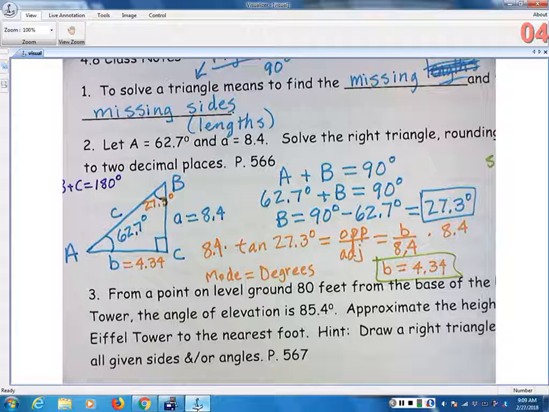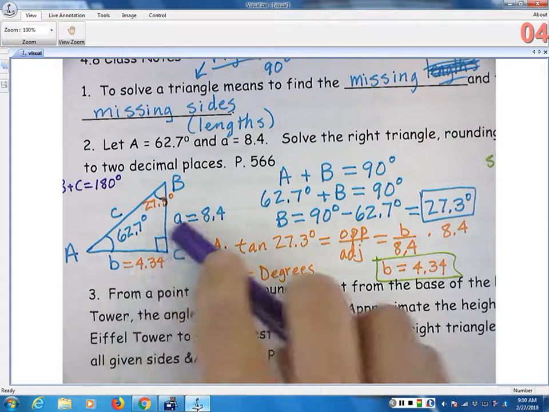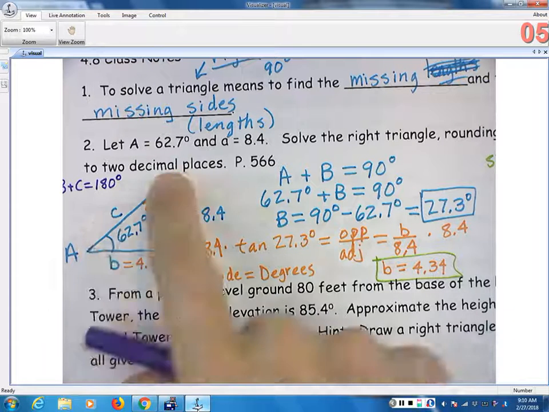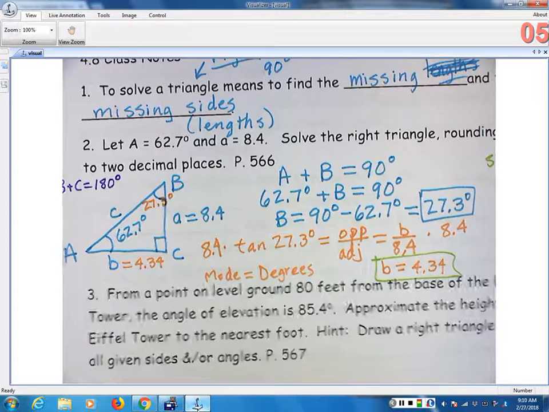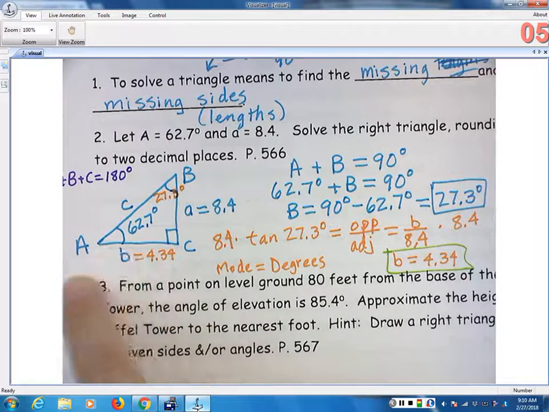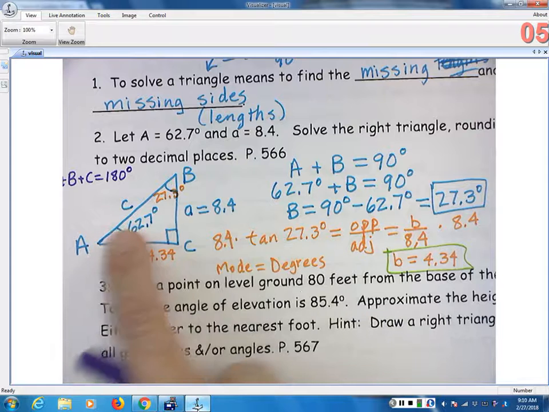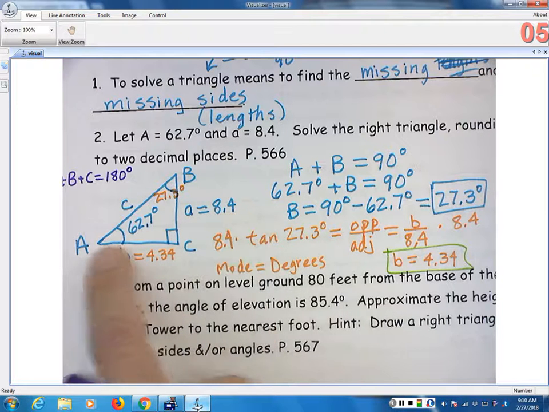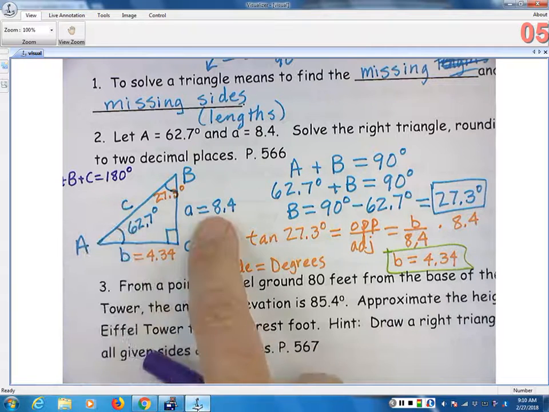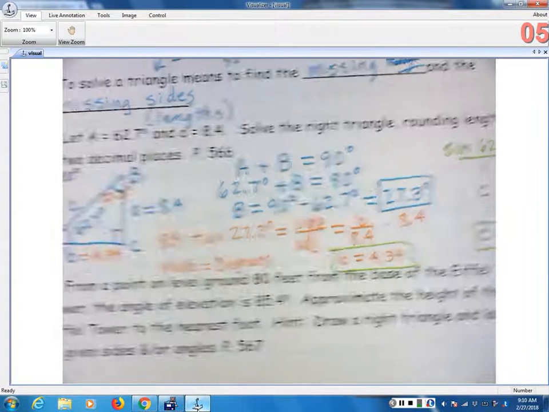You could use the Pythagorean theorem to find c, but I think it's easier to use one of the functions. Using sine, cosine, and tangent, there was no way to get c, the hypotenuse, in the numerator. It doesn't matter which one you pick, but you may as well pick something you were originally given. So sine of 62.7 degrees equals opposite over hypotenuse, 8.4 over small c.